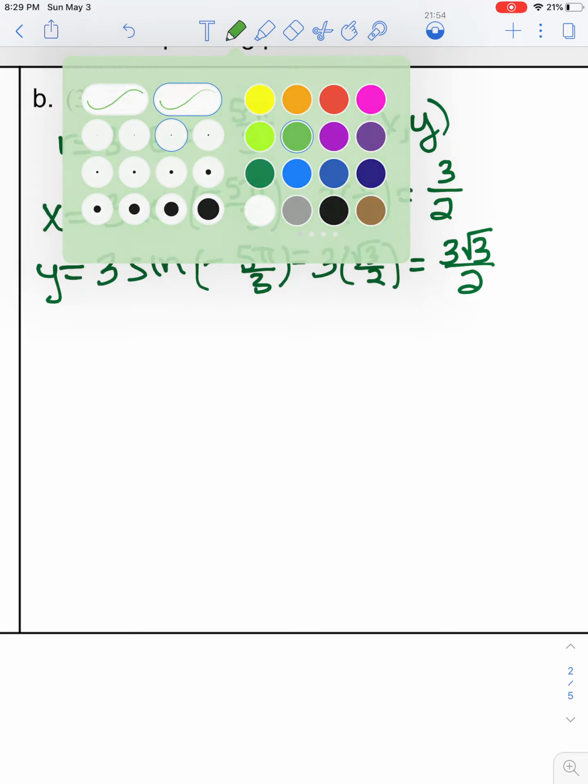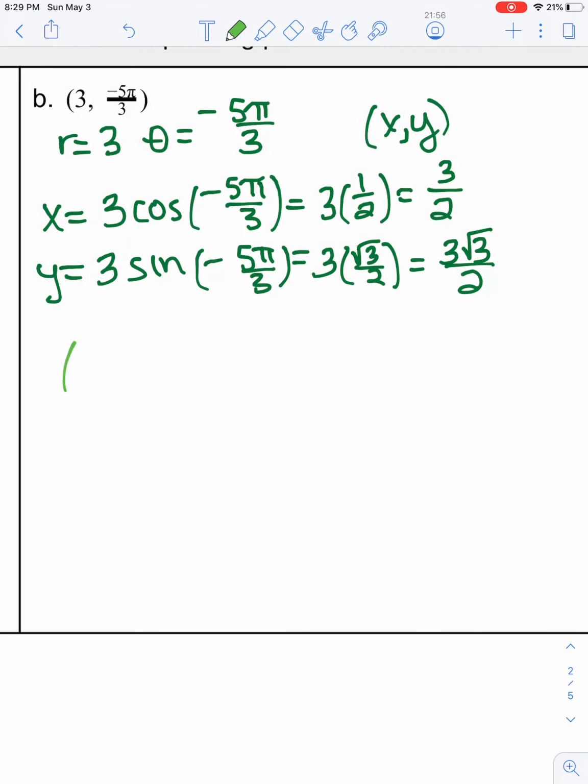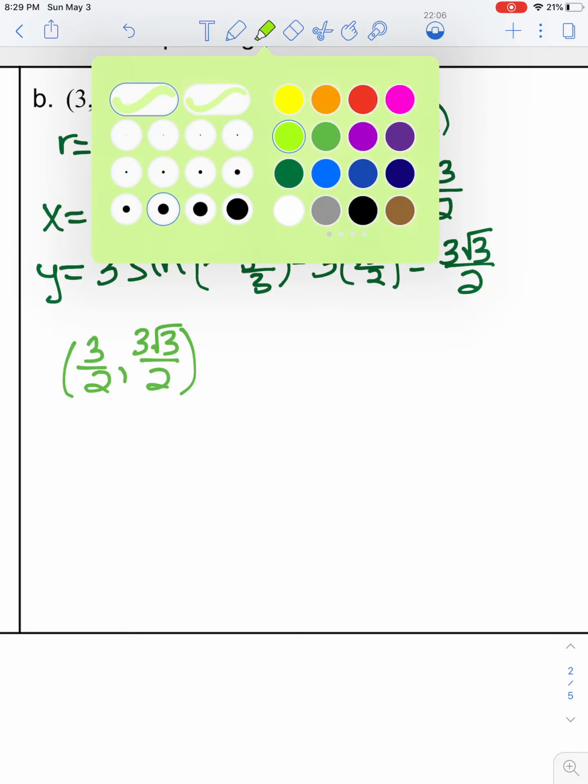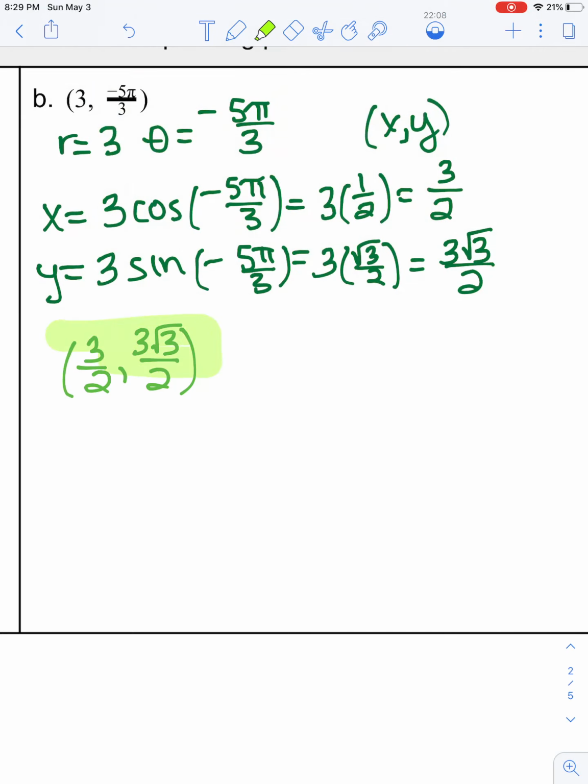So our rectangular coordinate is x, which is 3/2, comma y, which is 3 root 3 over 2. So that is the corresponding rectangular coordinate for the polar coordinate 3 comma negative 5 pi over 3.